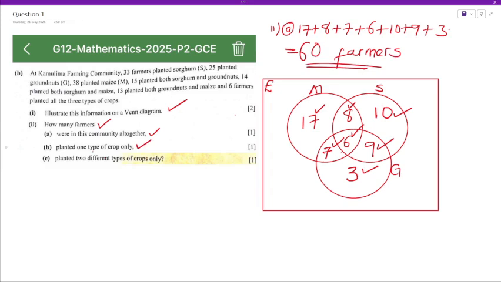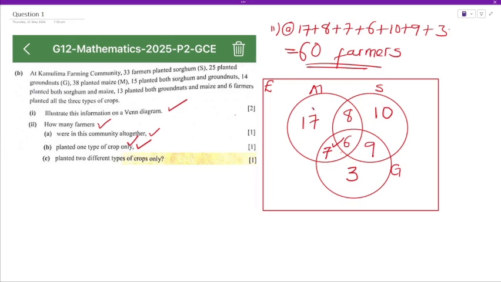Okay, we go to B. How many planted one type of crop only? Which guys are these ones? Just trying to clean up these check marks. So how many planted one type of crop only?